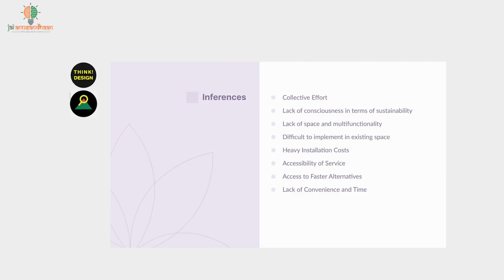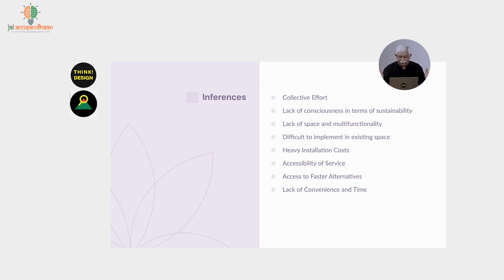So, out of this secondary research, they came out to some inferences. For example, they realized that it requires a collective effort to tackle sustainability. They also realized that the knowledge of what sustainability is needs to be improved within the society.